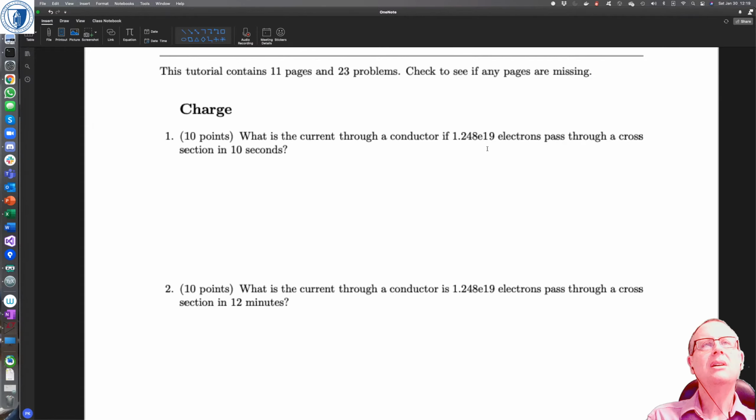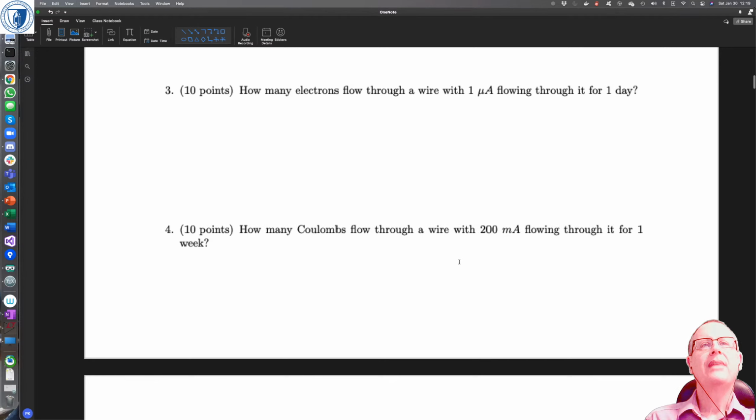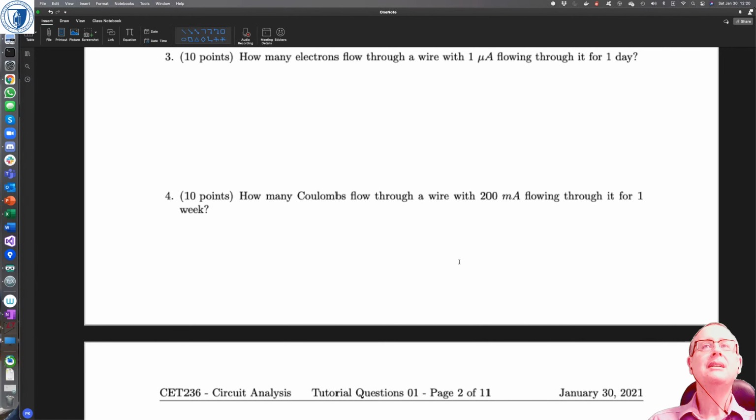How many electrons flow through a wire with 1 microamp flowing through it for 1 day? How many coulombs flow through a wire with 200 milliamps flowing through it for 1 week? And how many coulombs flow through a wire with 400 picoamps flowing through it for the month of February?